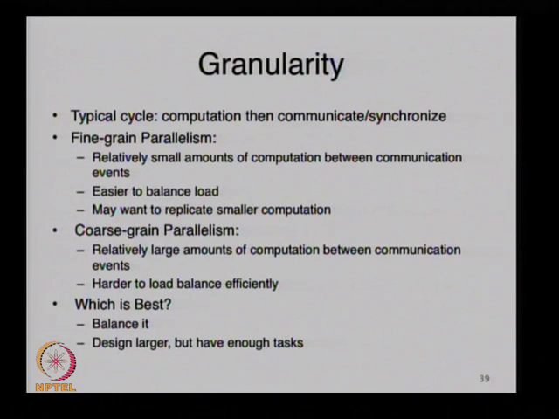The other thing, and so what's listed here is also in fact something that you use as a metric, which is the amount of computation divided by the amount of communication, right? Or the time spent in communication per unit time of computation, which is one of the metrics that, if you recall, the BSP model used.